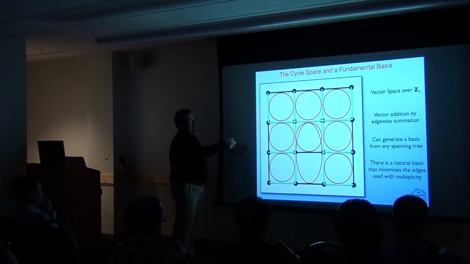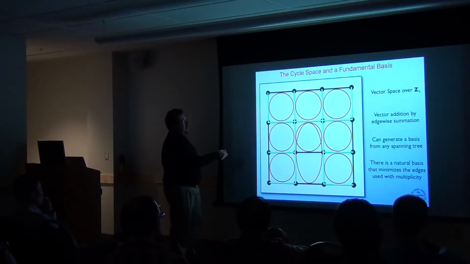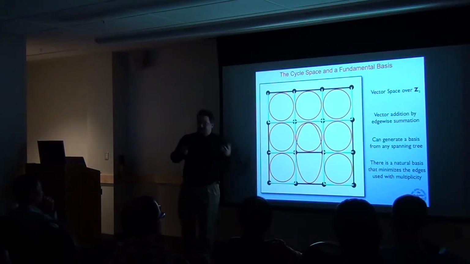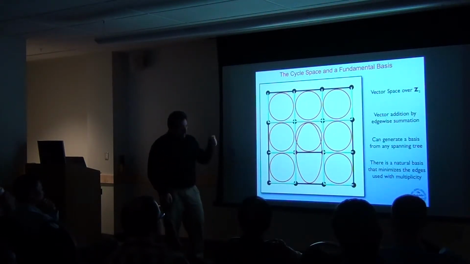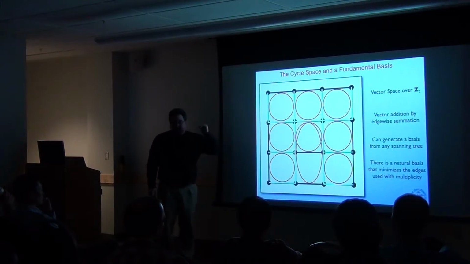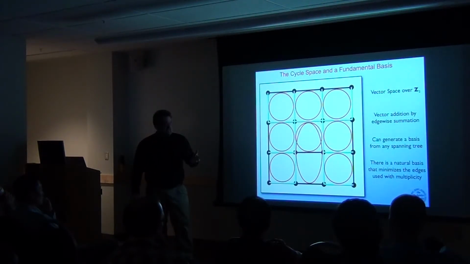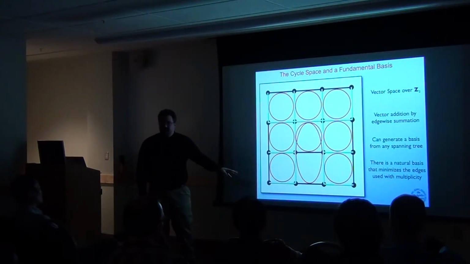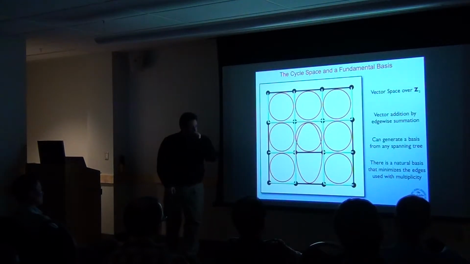We don't throw away the fact that we're reusing this one. So that's what I mean by with multiplicity. And so if you minimize your basis set over the edge uses with multiplicity, that's a uniquely determined natural object in this space, and it maps directly onto the thing that we cared about in 2D. Right? It recapitulates the tiling in 2D.